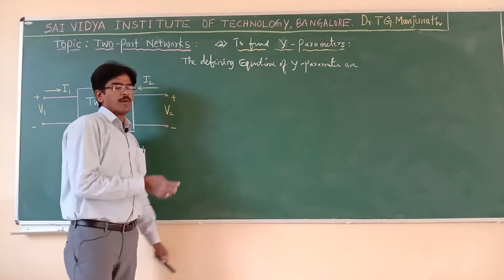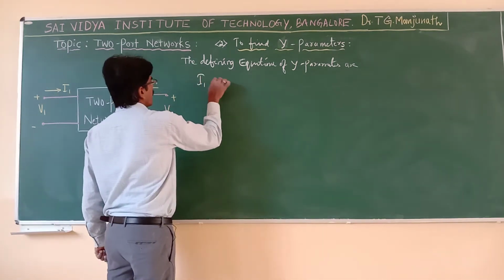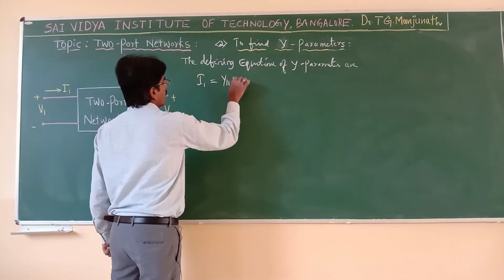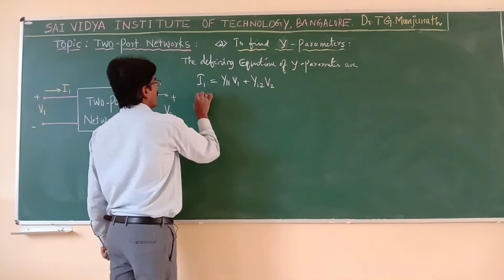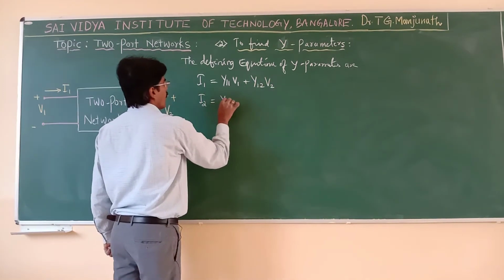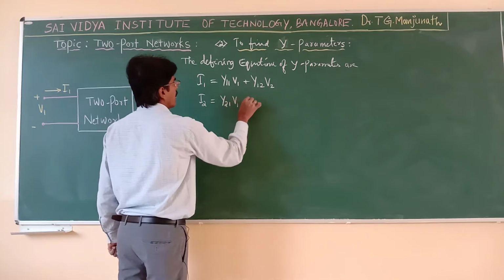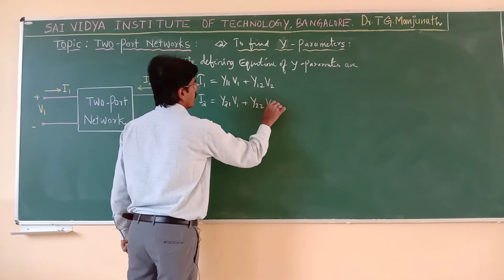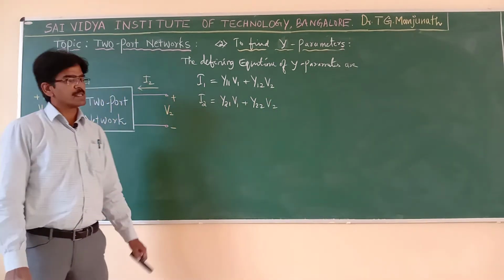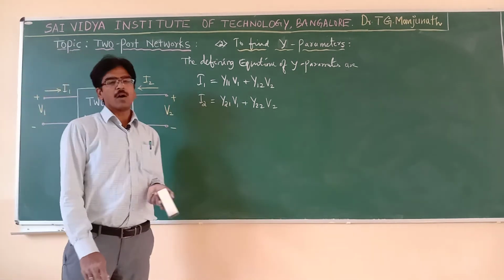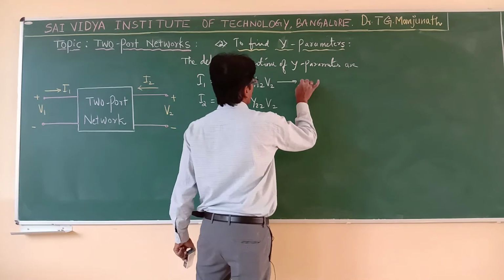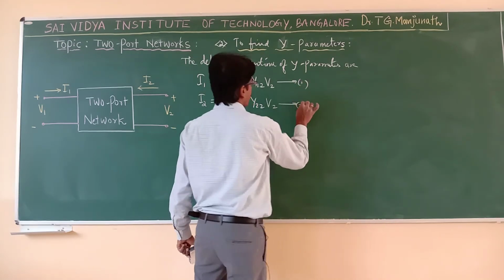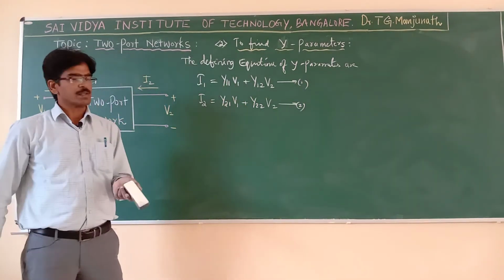That is I1 is equal to Y11 V1 plus Y12 V2, and I2 is equal to Y21 V1 plus Y22 V2. You can refer to the previous video for how to write these defining equations. Let this be equation 1 and this equation 2. You have to memorize the equations.